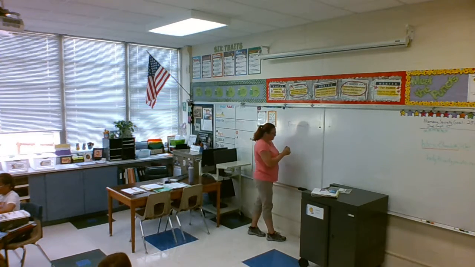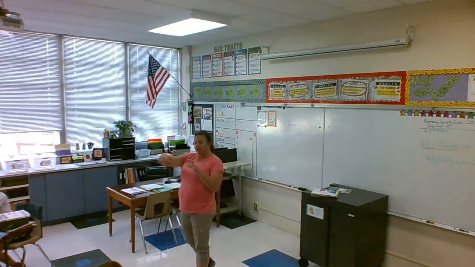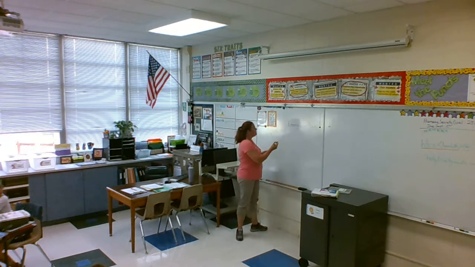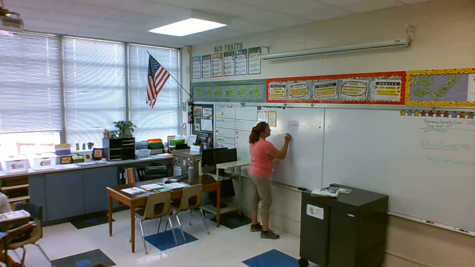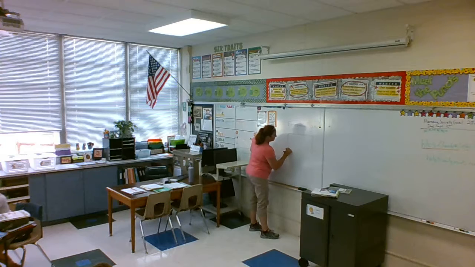Your title is going to be emergency plan, and then I want you to draw, just like we did the other day where you had to draw one room of your house, the rooms of your house. Now, obviously it doesn't have to be perfect, and you don't have to put all the details like the furniture and stuff in there. So your house might just look like a rectangle.